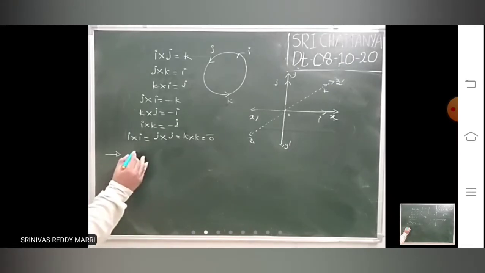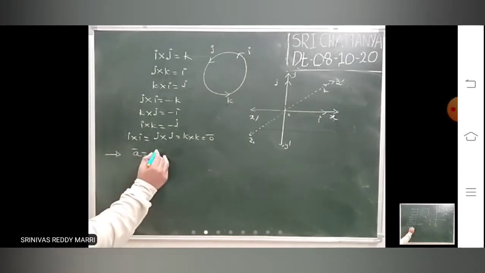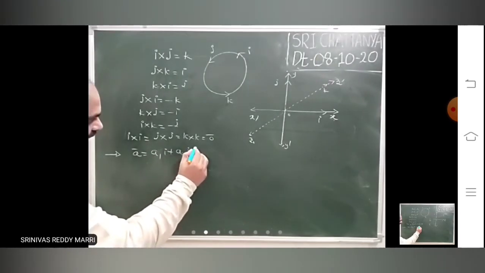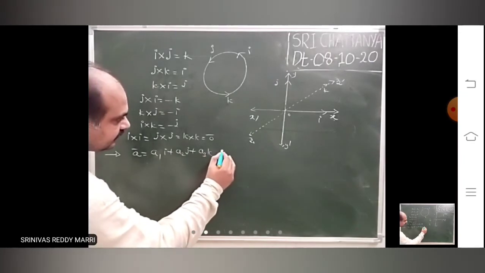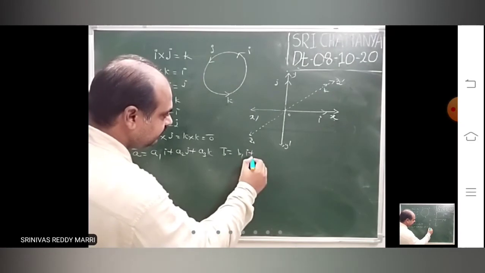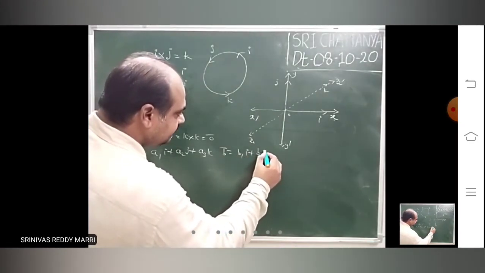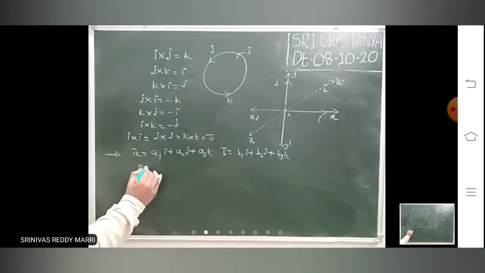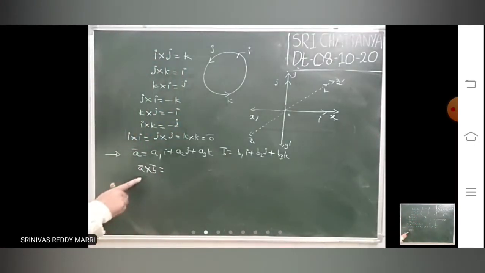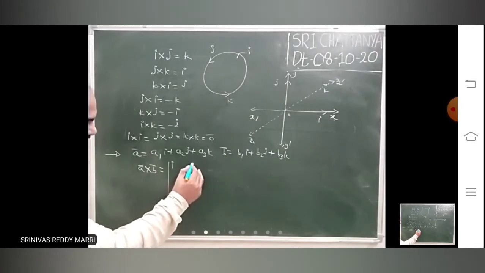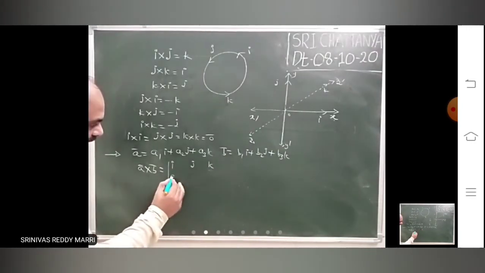So if two vectors are given, A bar equals A1i plus A2j plus A3k, and B bar equals B1i plus B2j plus B3k, then A bar cross B bar is a vector. To calculate it, write the determinant, as I told you in the morning.